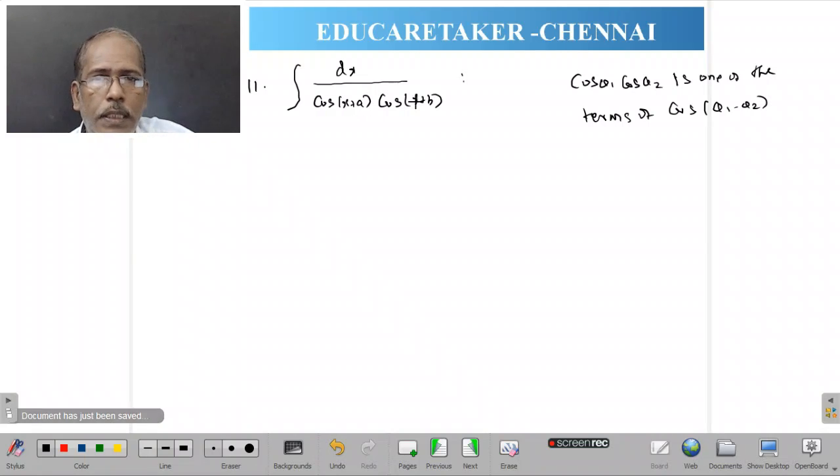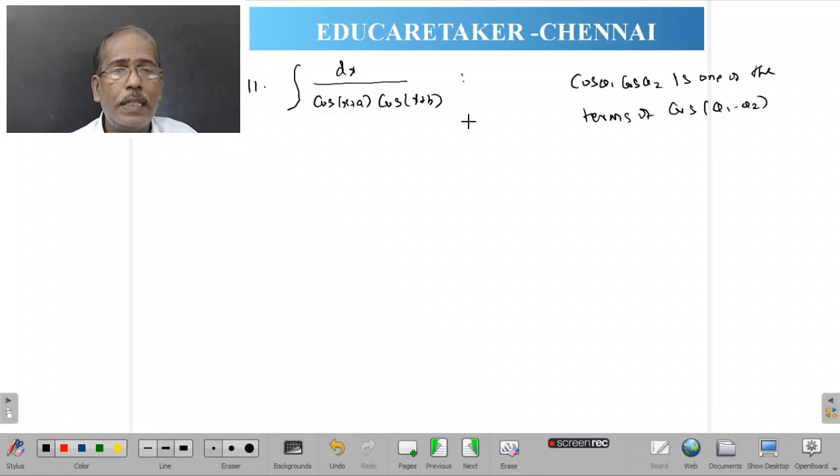Theta 1 plus theta 2 won't be constant, it would be 2x plus a plus b. But theta 1 minus theta 2 is constant. So theta 1 is x plus a, theta 2 is x plus b. What is theta 1 minus theta 2? A minus b. We need a constant; the compound angle should be constant, which means theta 1 minus theta 2.